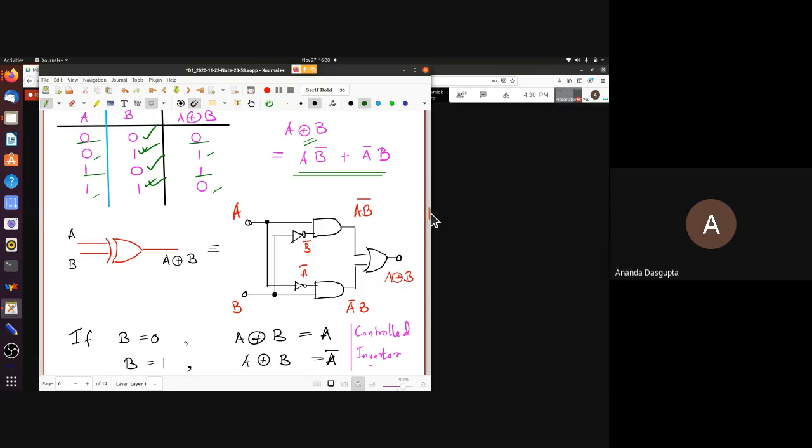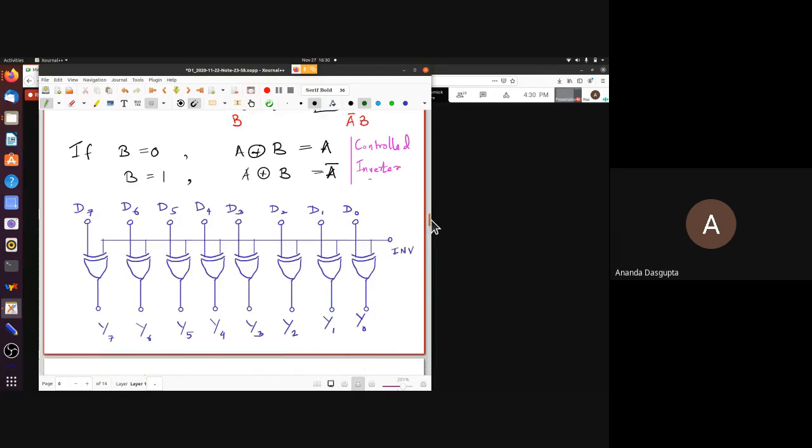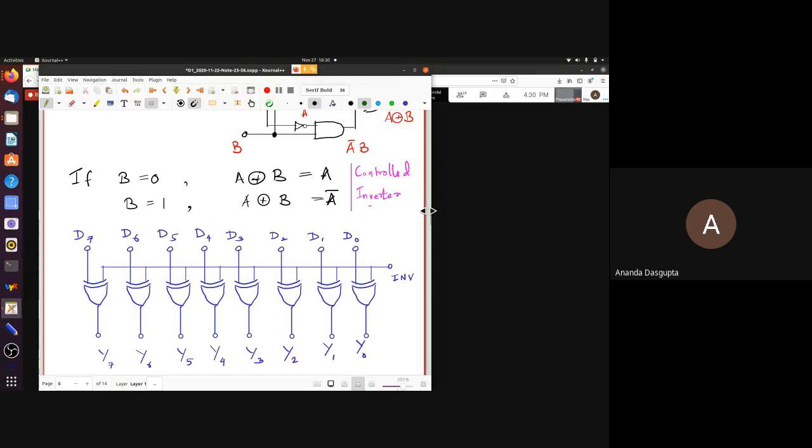Now, this is what we use often in a computer. In fact, this is one of the important parts of a computer. Here what we have is 8 inputs. These are 8 numbers which can take values of zeros and ones, and I hope all of you know that these are called bits, right?